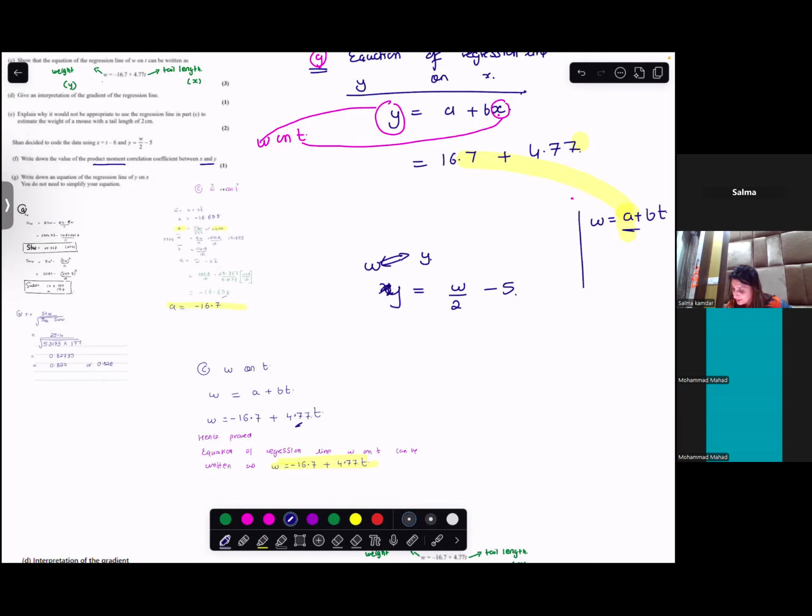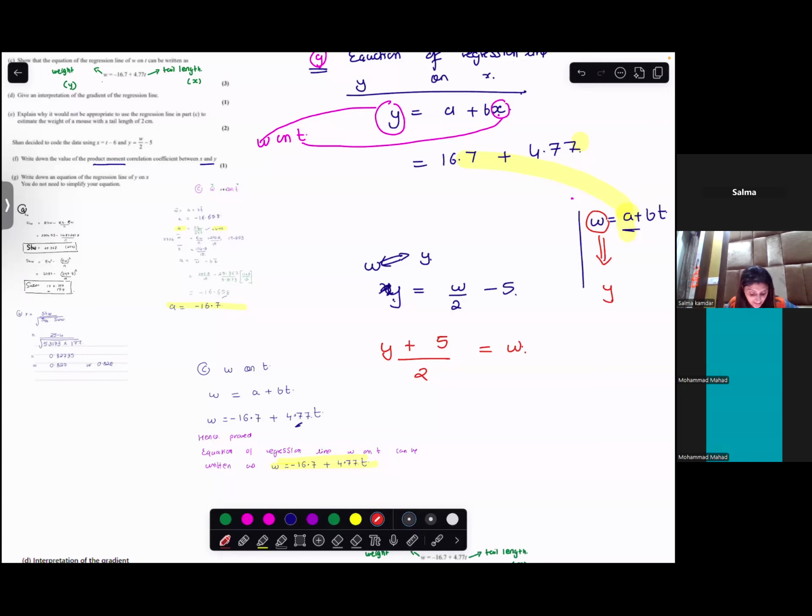Now make the W in terms of Y. So this is going to become W plus 5 divided by 2 is equal to W. That means I'm converting this W in terms of Y. So instead of Y, I'm going to write W. I'm just changing the code.